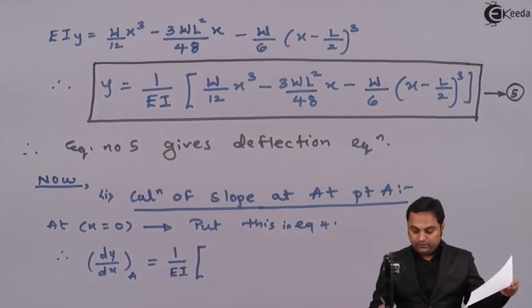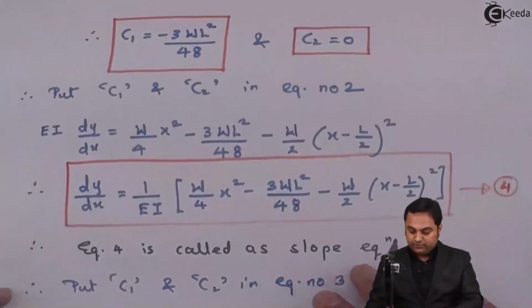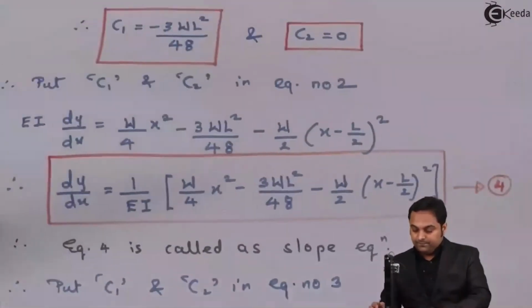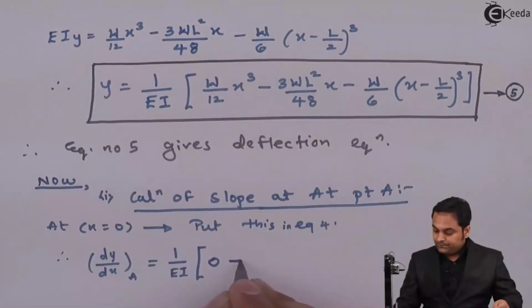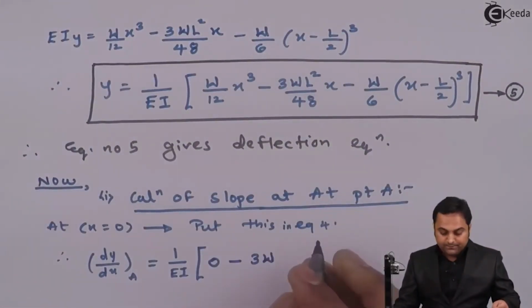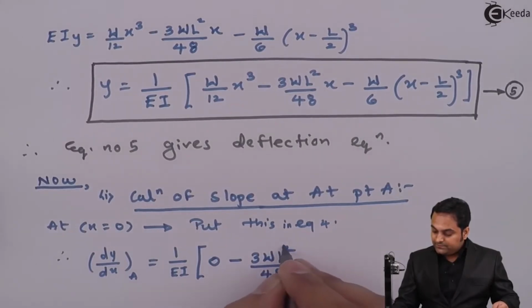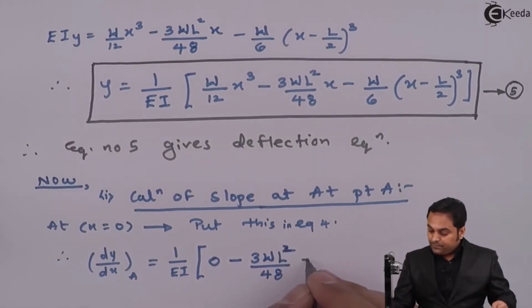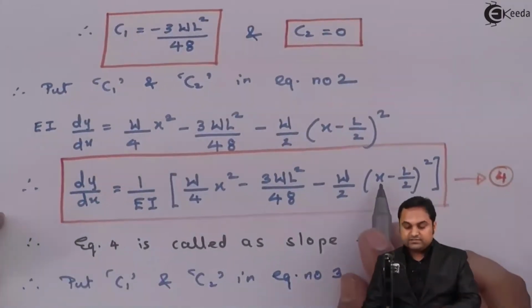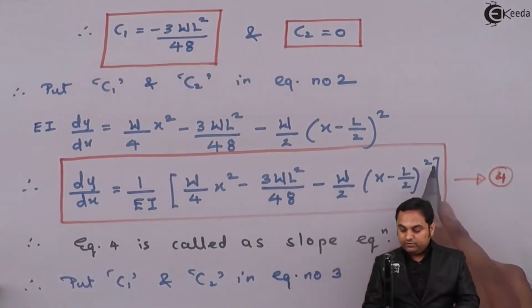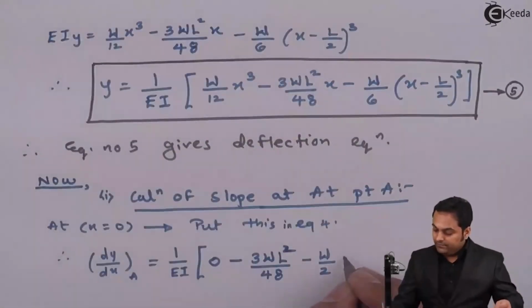Then if I put x is equal to 0, first term becomes 0, then minus 3WL square by 48 will remain as it is, then minus W by 2. Here we have x as 0. If we put x as 0, then we have minus L by 2 whole square, and that becomes L square by 4.